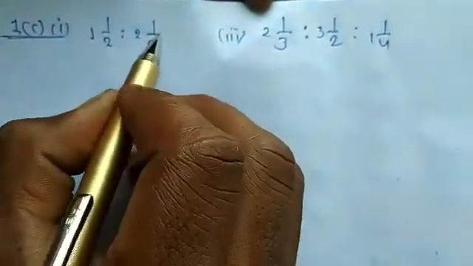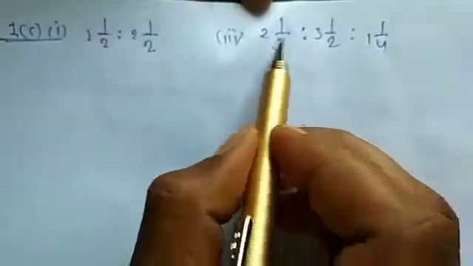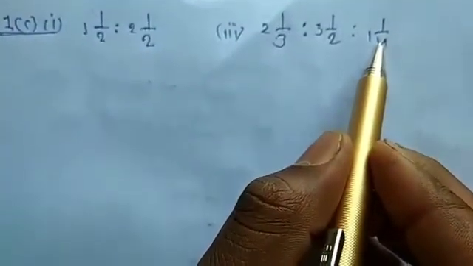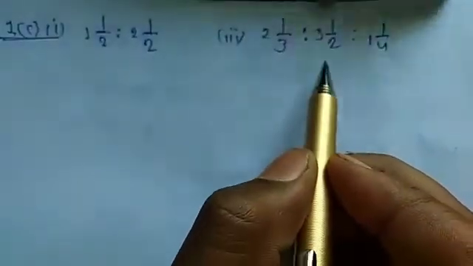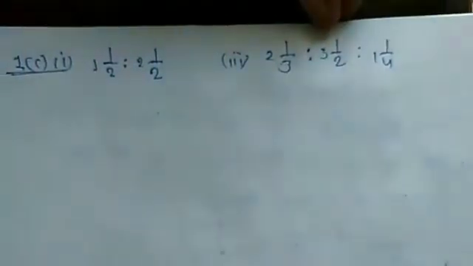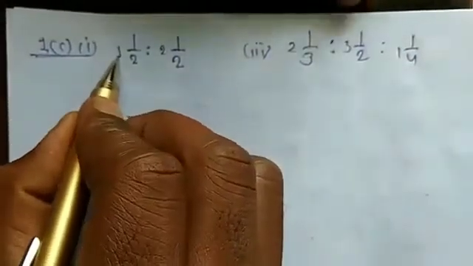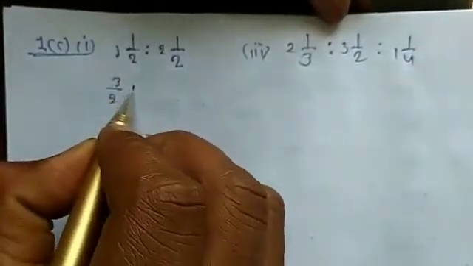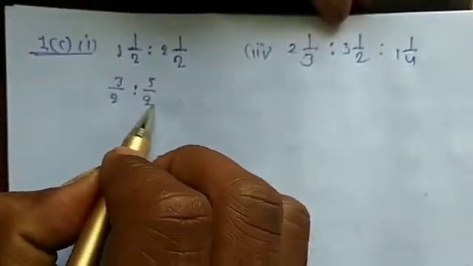First of all, these terms are in mixed fractions. So first of all, convert these terms into improper fractions. 2 1 are 2 and 1 3. This is 3 upon 2 ratio 2 2 are 4 and 1 5. This is 5 upon 2.